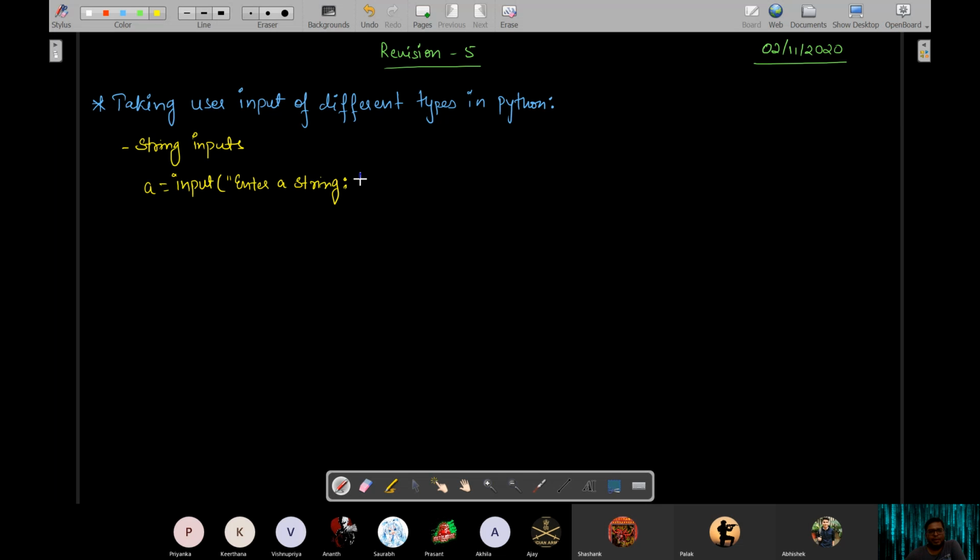Okay. So we know that the input function accepts user data and converts it into string, which is then saved into the variable.